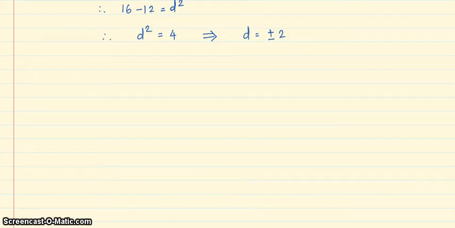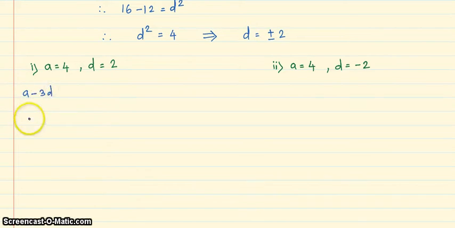So let us find the four numbers. In the first case a is equal to 4 and I am taking d as positive. In the second case a is equal to 4 and d is equal to minus 2. Your numbers are a minus 3d, a minus d, a plus d, a plus 3d. Put the values of a and d.